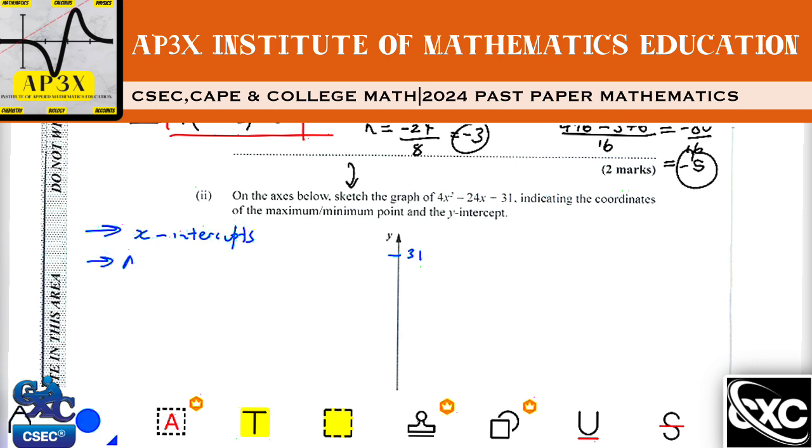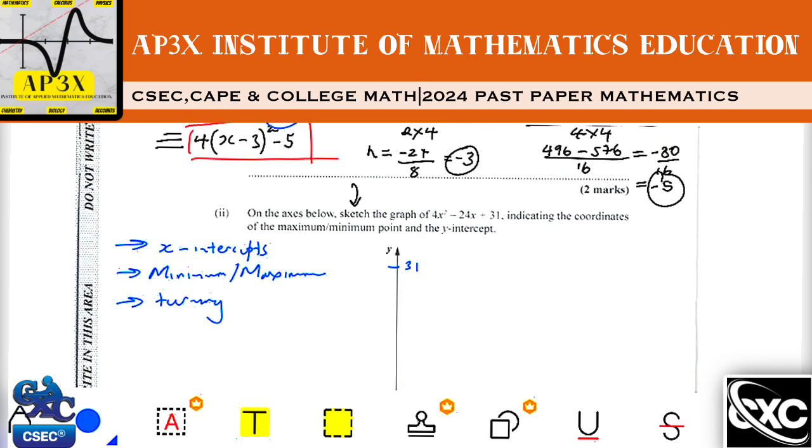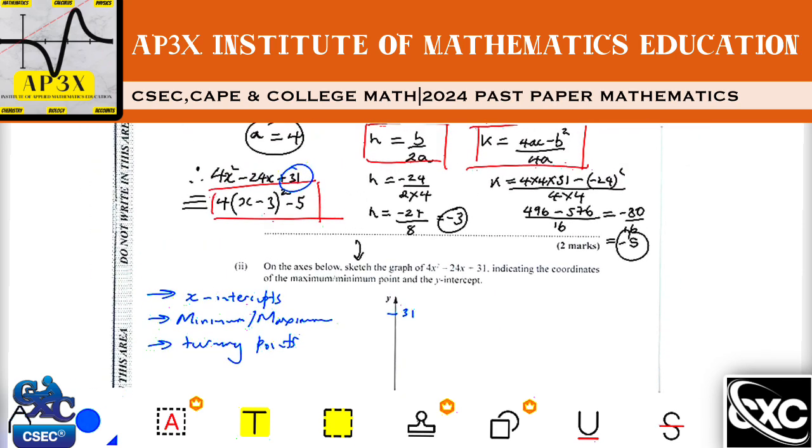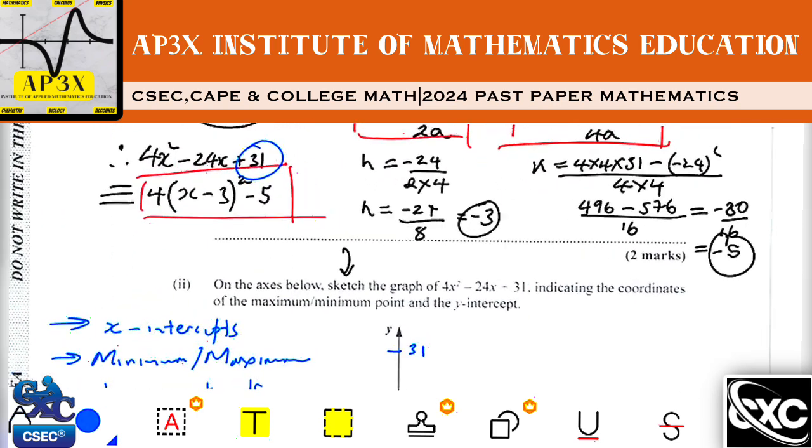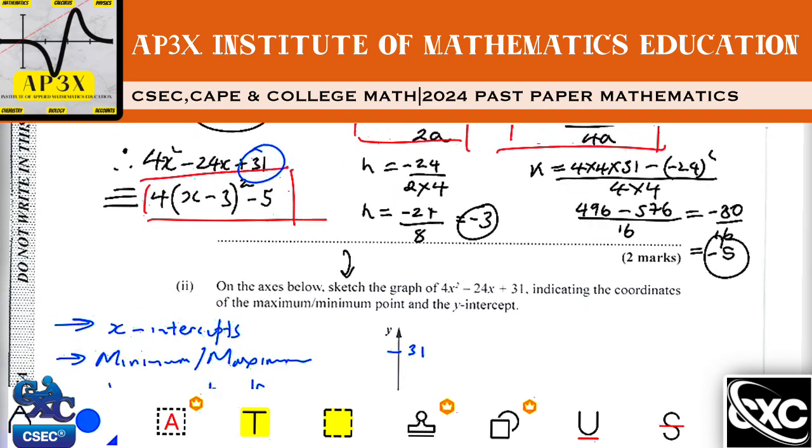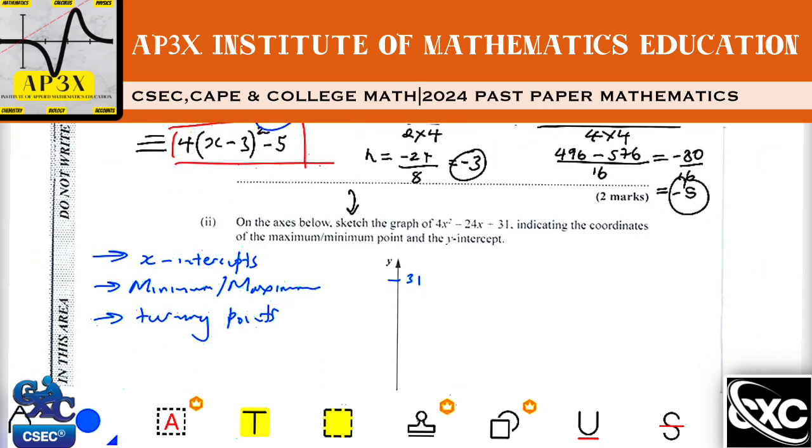We're going to need the minimum or maximum value, depending on the equation, and we're going to need the turning point. All right, and these can be obtained from the expression that we just created. So we know that the turning point is going to be negative h.